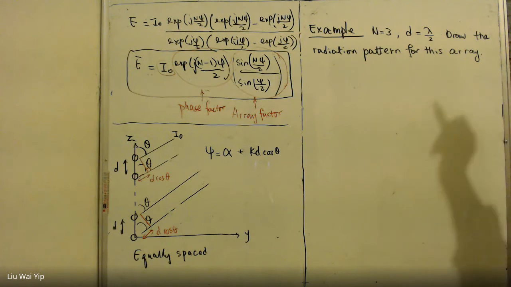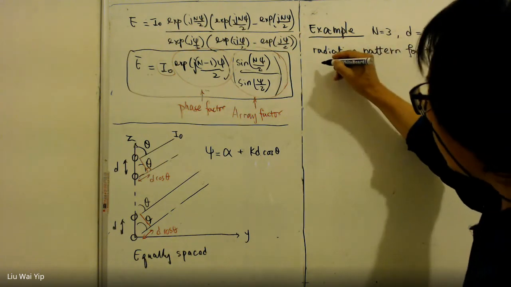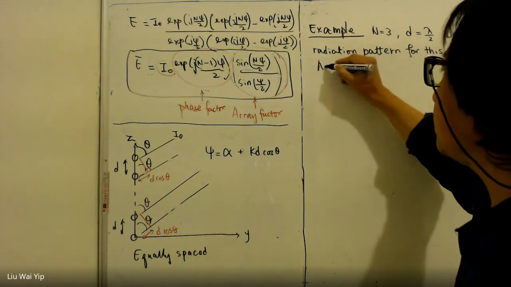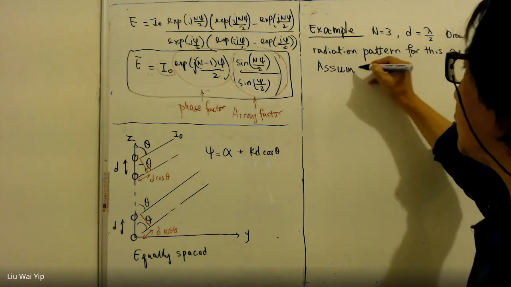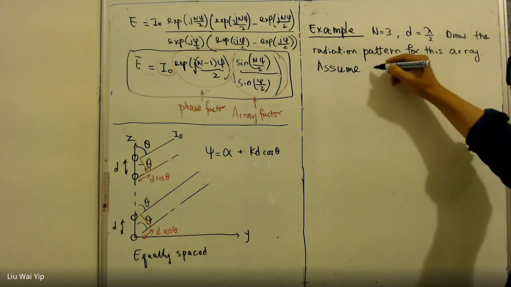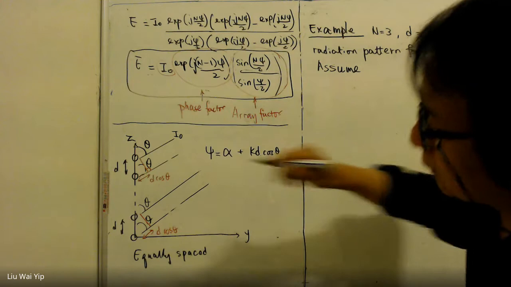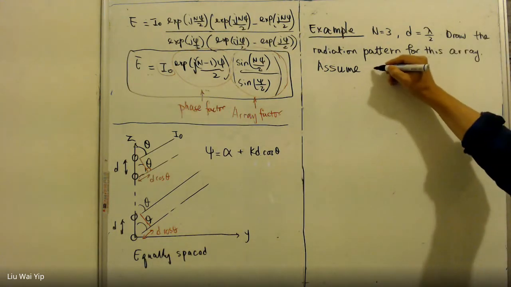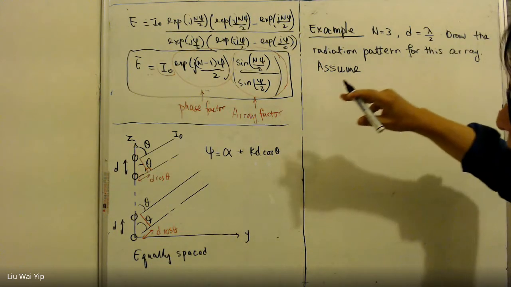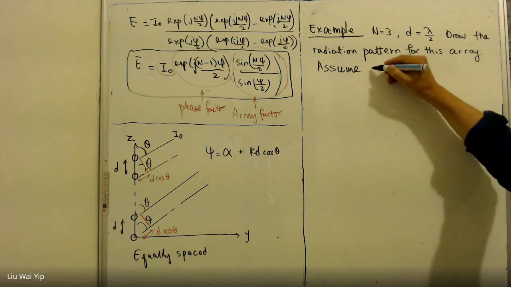And again, we need to give an assumption, or assume, that each of the elements in the antenna array is isotropic.